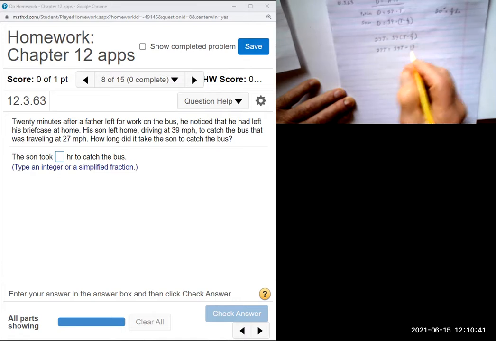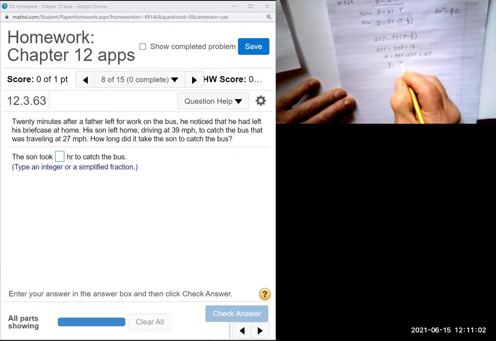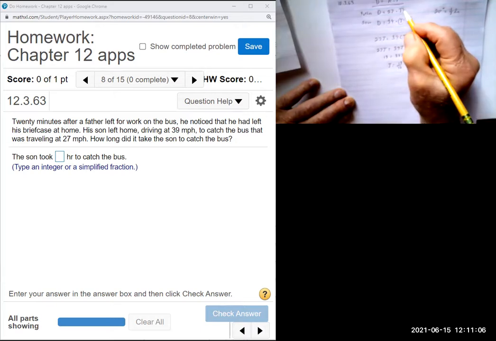I'm going to move negative 13 to my left and 27t to my right. Do the arithmetic. That's going to be equal to 12t. Solving for t, t is equal to 13/12. That's the time for the father.